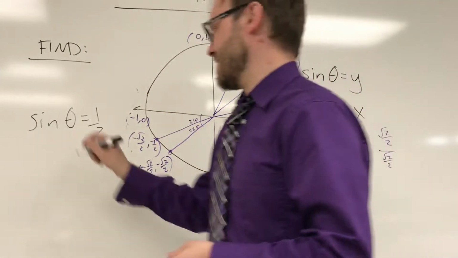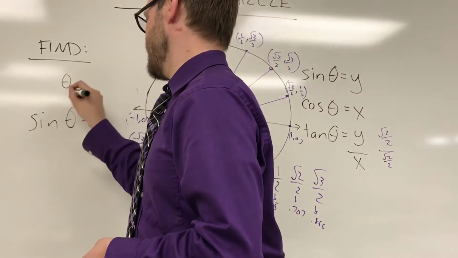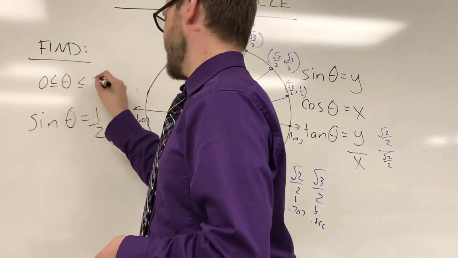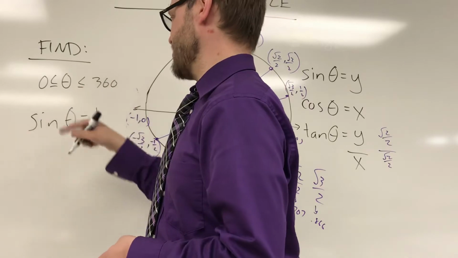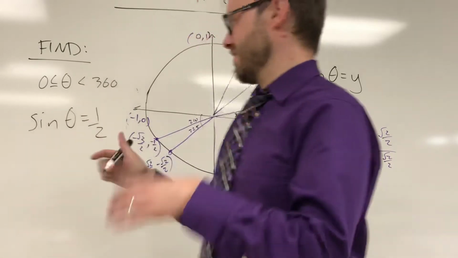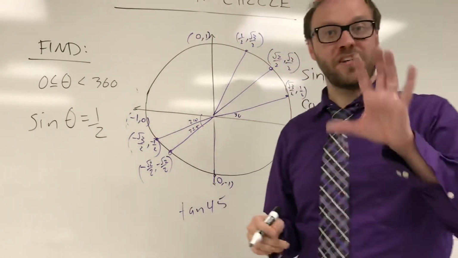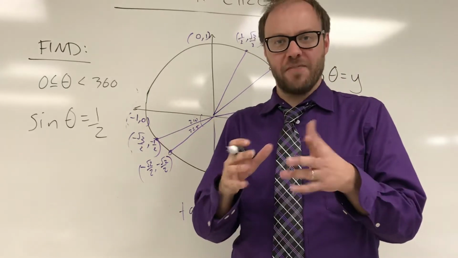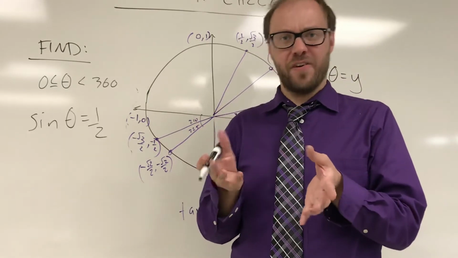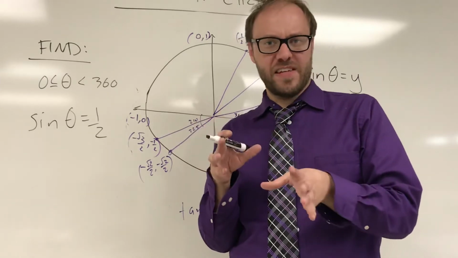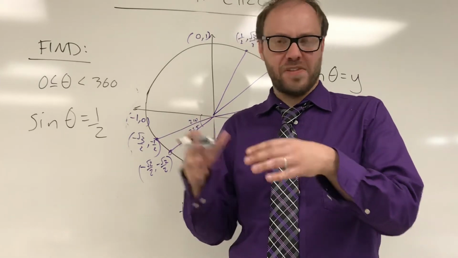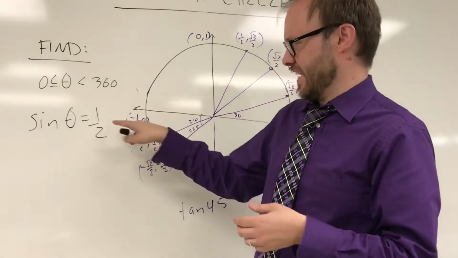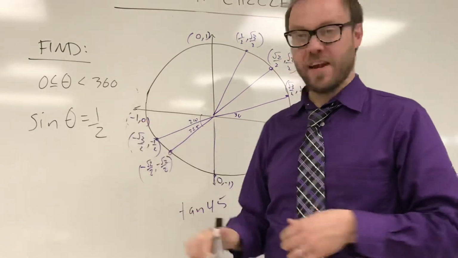And usually they'll say something like, find a value of theta between 0 and 360 degrees, or 0 and 2 pi, or something like that. Anyway, there are actually two places where the sine is equal to 1/2. Now, normally you would have to fiddle around with triangles and try to figure out, okay, I think it's going to link to a 30, 60, 90 triangle because I've got one side that's half the length of the hypotenuse, and you can piece together that opposite and hypotenuse relationship.